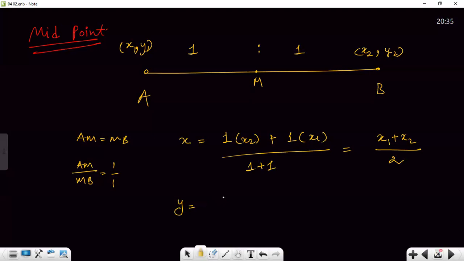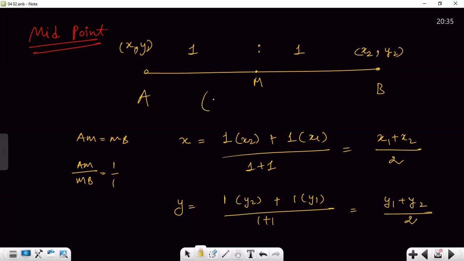Similarly, y is m1 into y2 plus m2 into y1 divided by 1 plus 1. So y1 plus y2. So it's very simple to understand. The coordinate for midpoint will be x1 plus x2 divided by 2 and y1 plus y2 divided by 2.